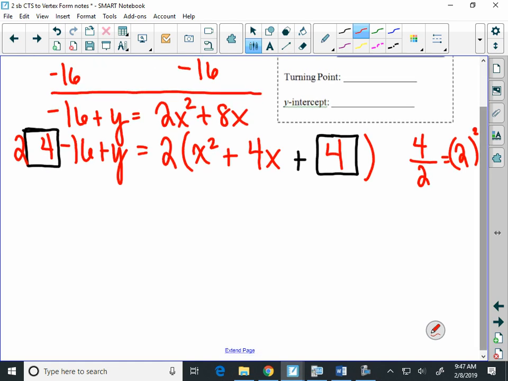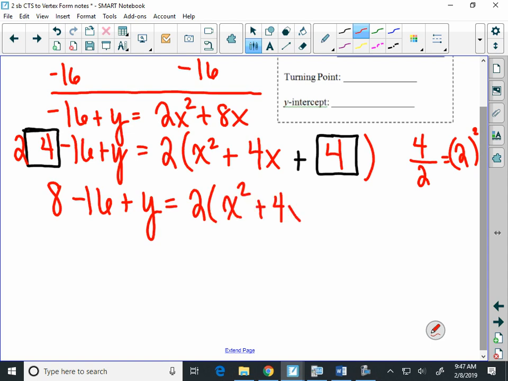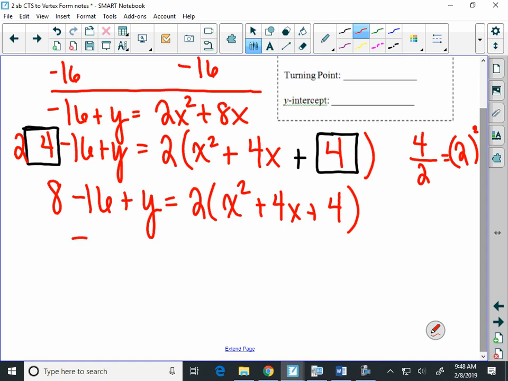So what we have now is 2 times 4 is 8 minus 16 plus y equals 2 times x squared plus 4x plus 4. Do not distribute the 2. Do not. We can combine a little bit over here. 8 minus 16 is negative 8 plus y.